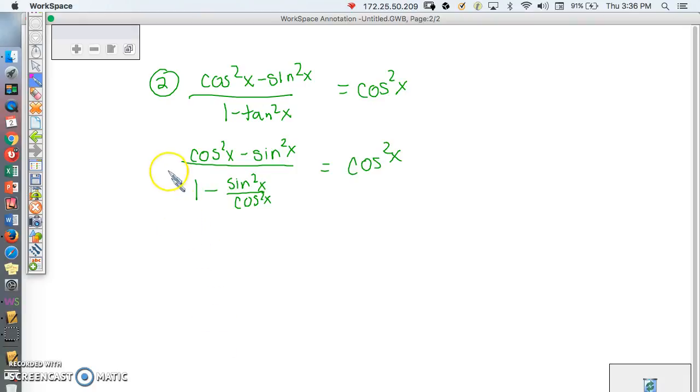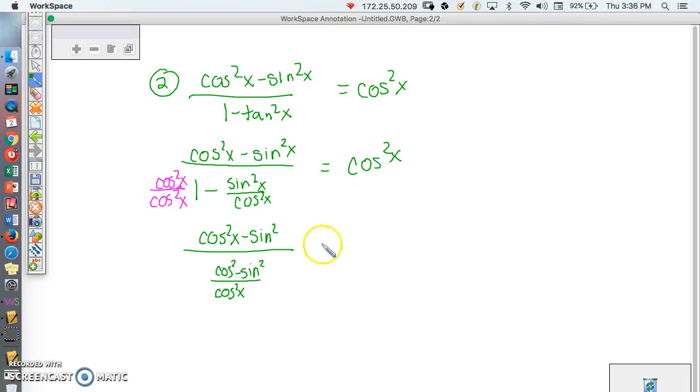Well, once again, I need a common denominator, so cosine squared of x over cosine squared of x. So now we have on the numerator still cosine squared minus sine squared. In the denominator, we now have a denominator of cosine squared. On the top, we would have cosine squared minus sine squared equals cosine squared of x.